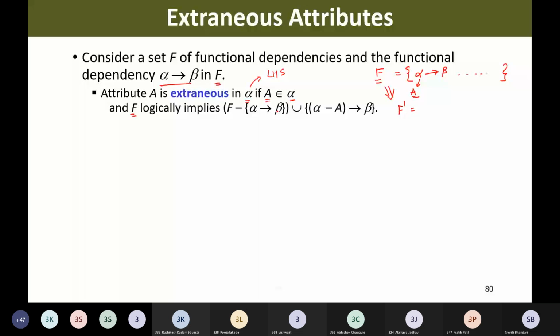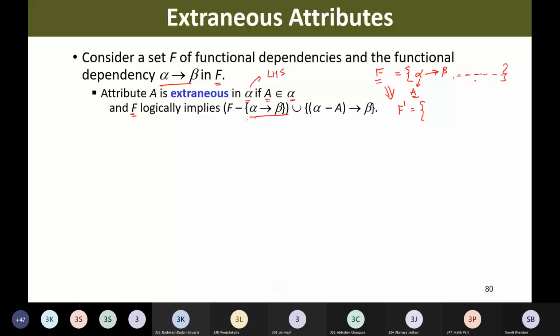So whatever remains, meaning if I have a few more functional dependencies in this set, then all those dependencies will be there, except this dependency alpha determining beta. Union, so we'll have all remaining dependencies, union alpha minus A to beta. What does this mean?